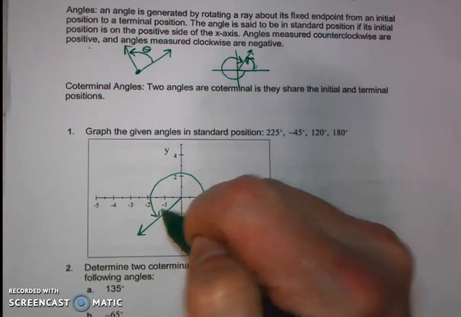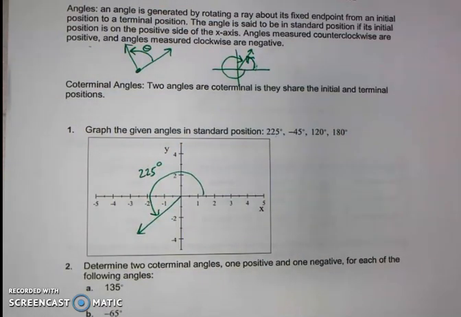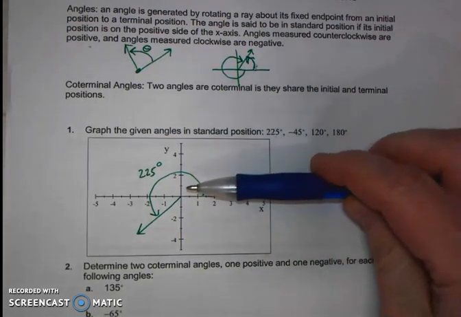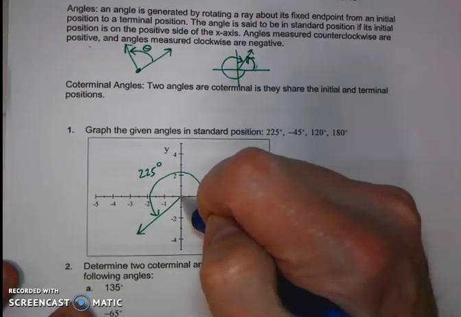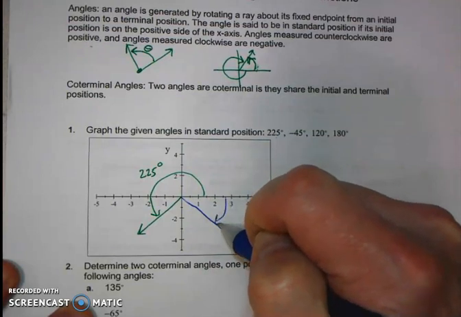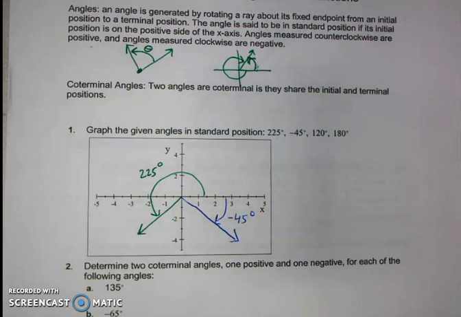So 225 might look something like that. Then it says negative 45 degrees. So negative means we start here and we rotate in this direction. Negative 45, that's halfway between 45 and 90. So negative 45 degrees would look like so.